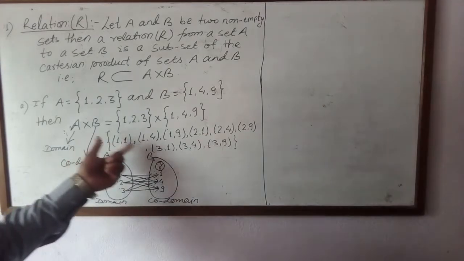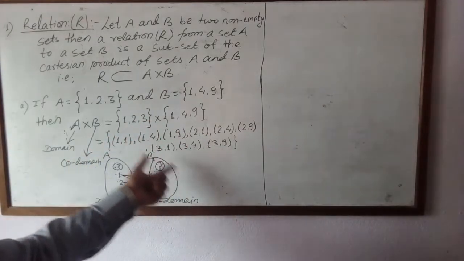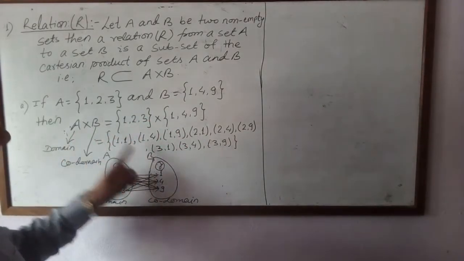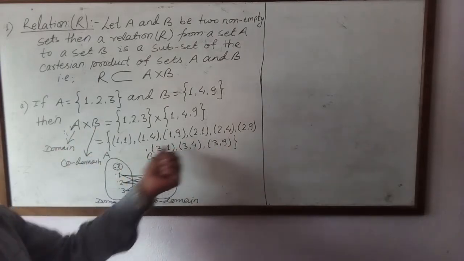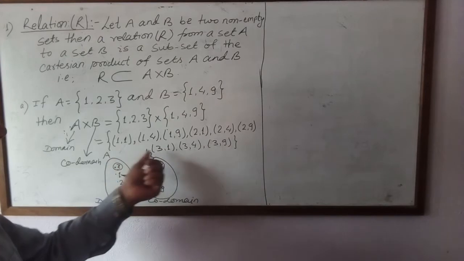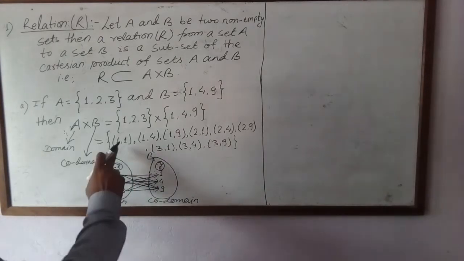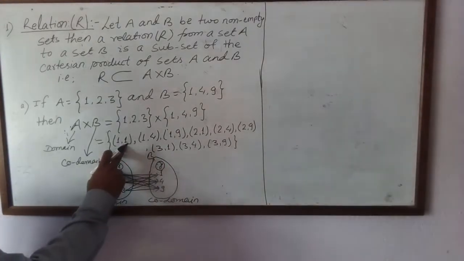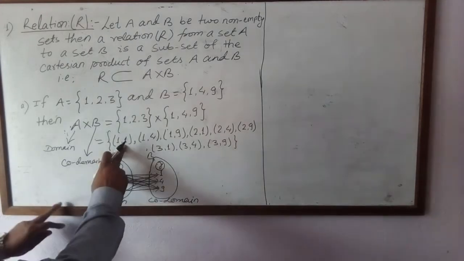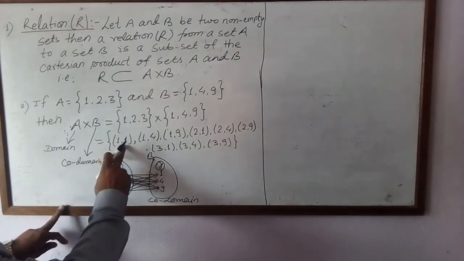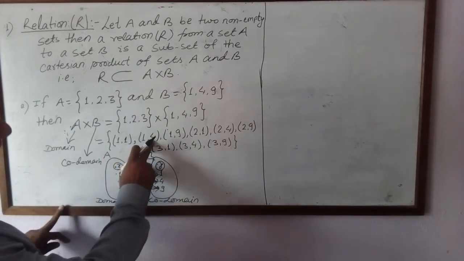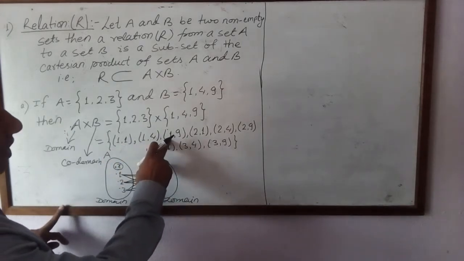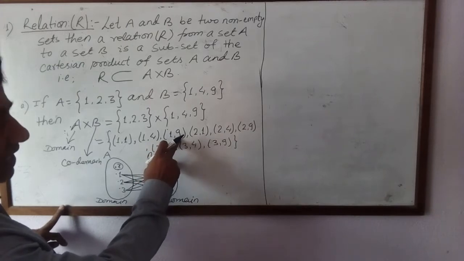Now after finding the Cartesian product of sets A and B, we'll study what type of relation they have. In each ordered pair, for (1, 1), this one is the domain and its image is 1. This one is the domain, its image is 4. This one, its image is 9.